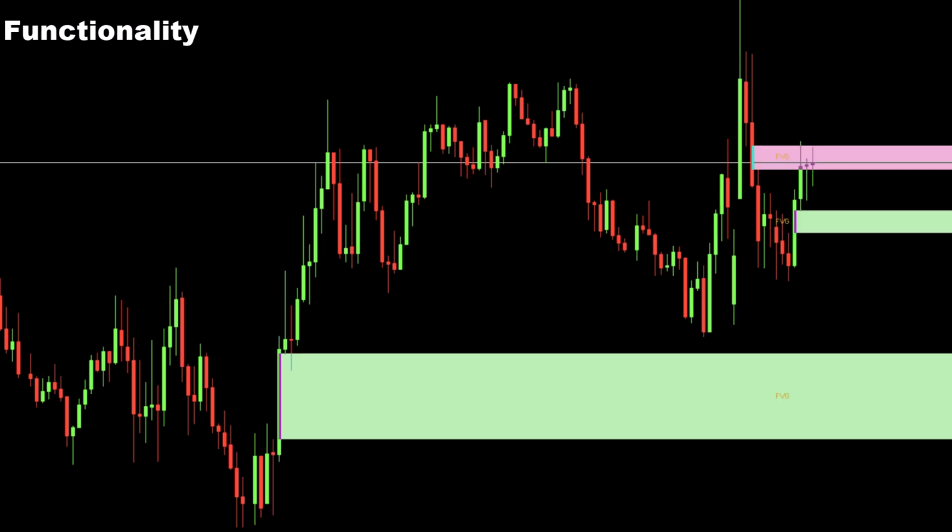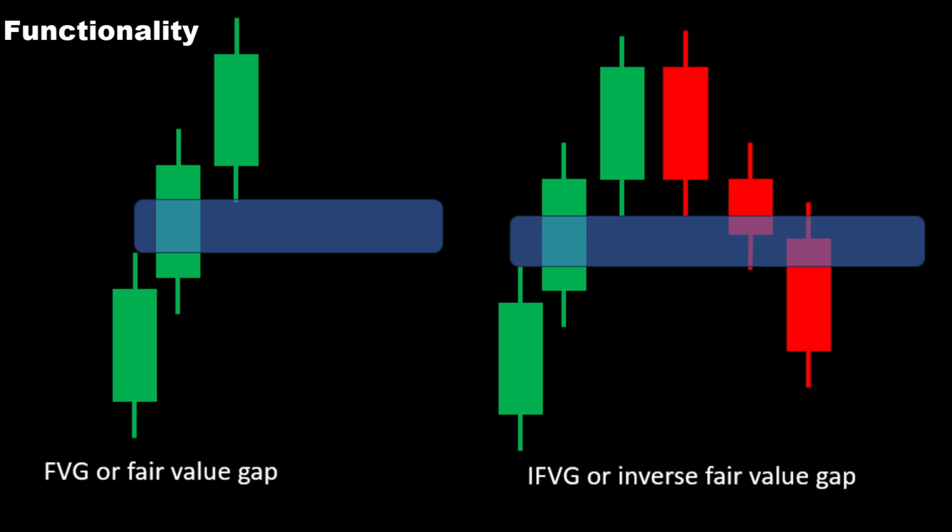Now let's talk about how this indicator actually works. If you're not familiar with FVGs or iFVGs, take a look at this picture. FVG, or fair value gaps, are imbalances that appear when a strong price movement starts.